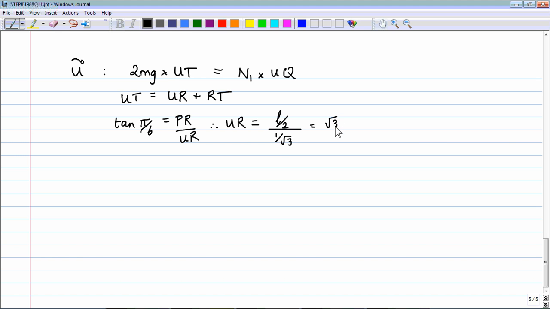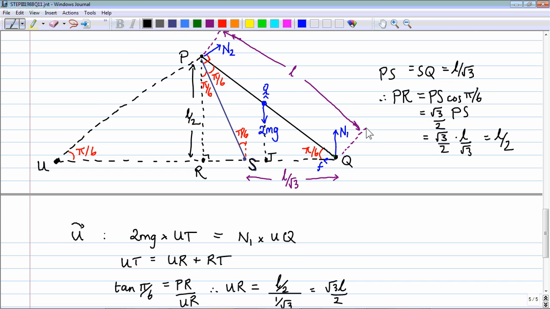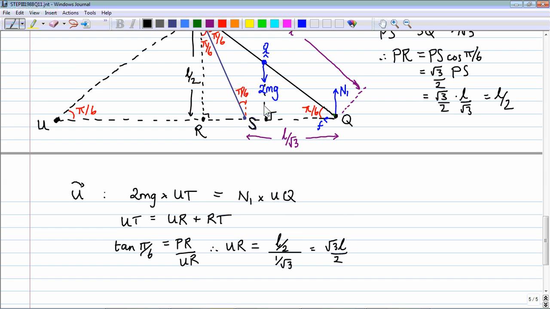So UR is root 3L over 2. Now RT is actually the distance from this line to the ladder there. So that's L over 2 sine pi over 6.